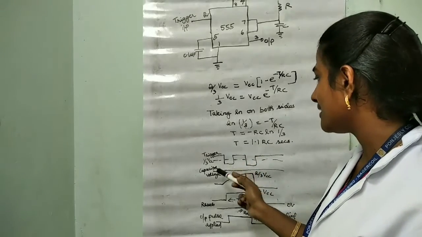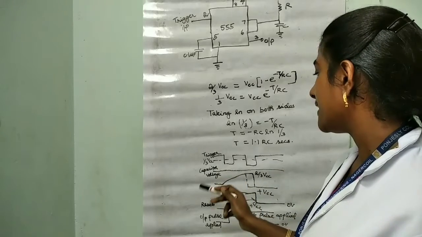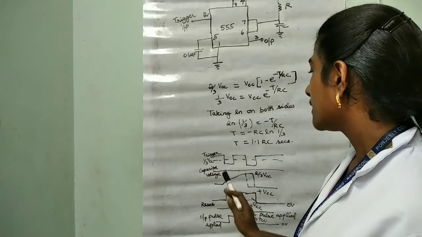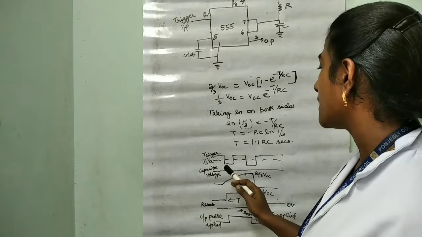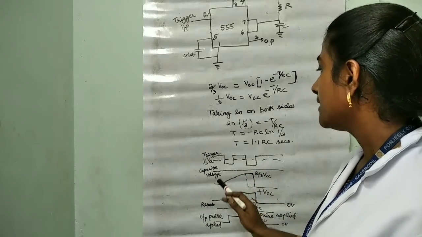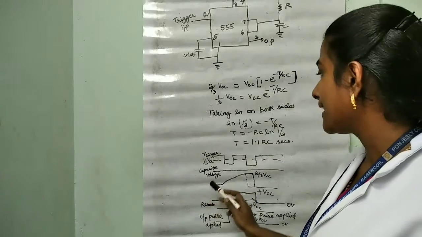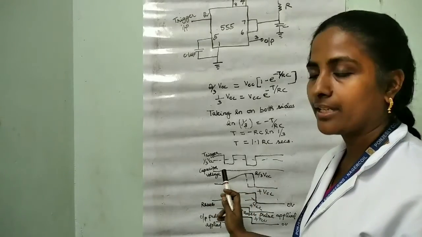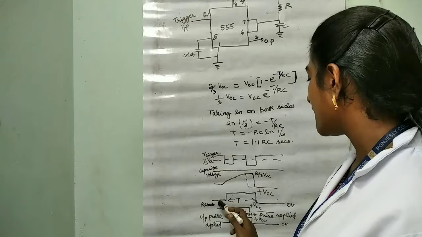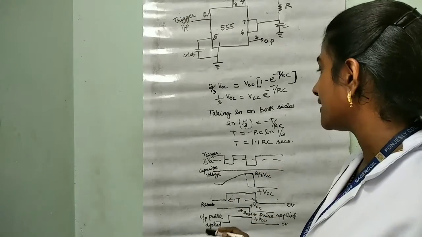This is the waveform given for the monostable operation of the 555 timer. First we are giving a pulse, next we have the capacitor voltage, and that is the reset.